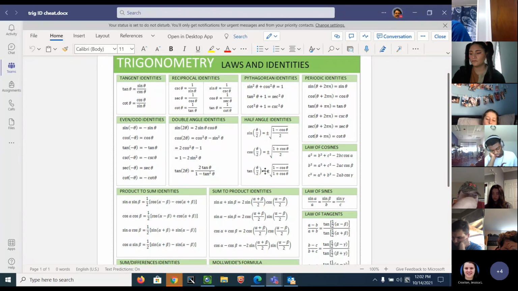The next one is kind of like the one we did a while ago. This one is tangent of 3 pi over 8. So we're going to have to use the tan.